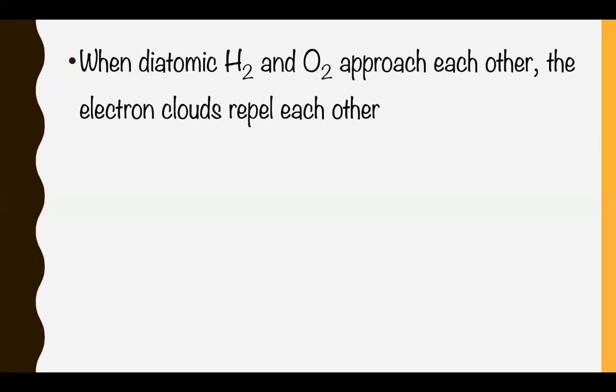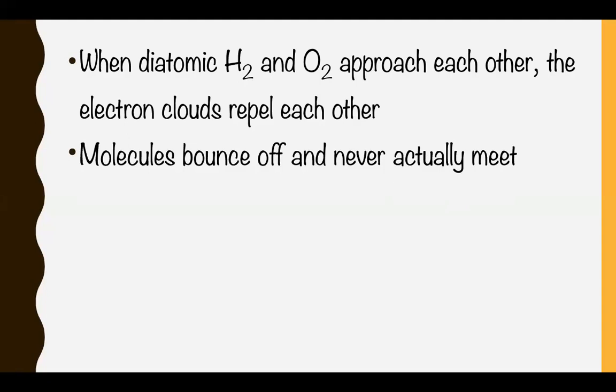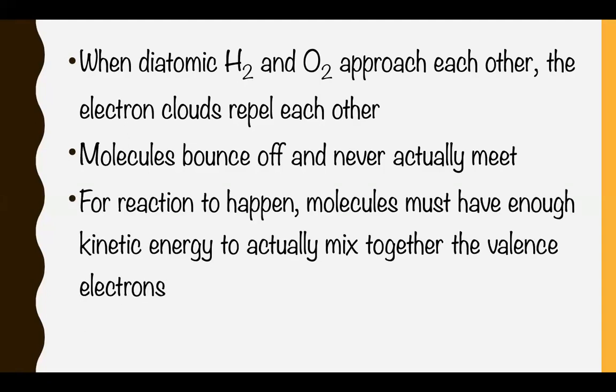Why doesn't that happen? Well, on the molecular level, when diatomic hydrogen and oxygen approach each other, the electron clouds repel each other. So the molecules bounce off each other and never actually meet. In order for an actual reaction to happen, this is requirement number 2 for collision theory, the molecules have to have enough kinetic energy to actually disturb the valence electrons.